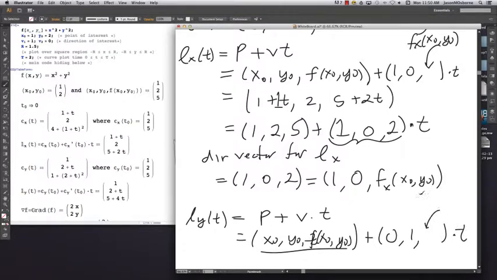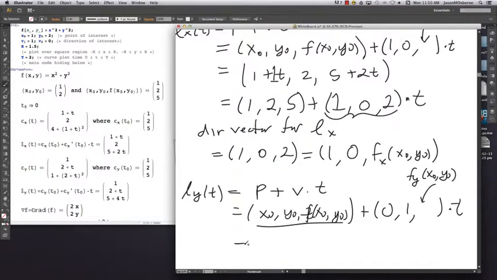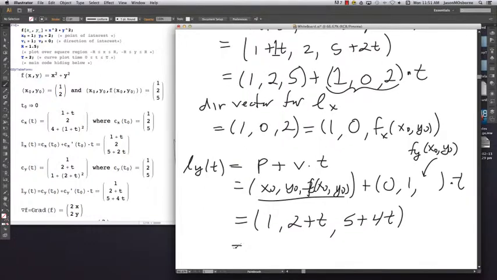And what goes in this spot is the partial derivative of f with respect to y evaluated at x naught, y naught. So if you compute that out for this problem, you will see that the line in the y direction is 1, comma 2, comma 5 plus t times the direction vector.